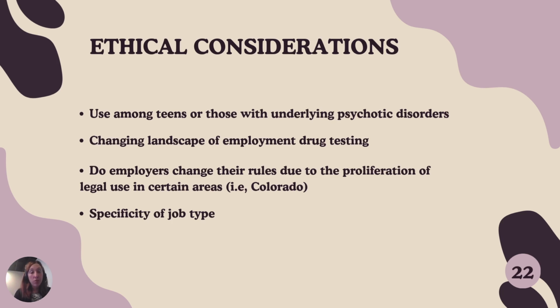So if a teen is heavily using cannabis, is that going to trip that switch in the brain and cause that illness to come out, or potentially influence the expression of psychosis that maybe wouldn't have otherwise been expressed?